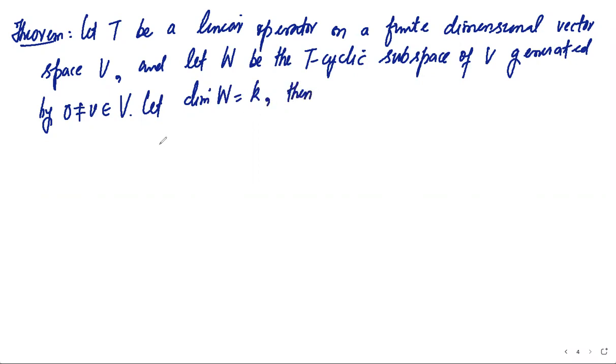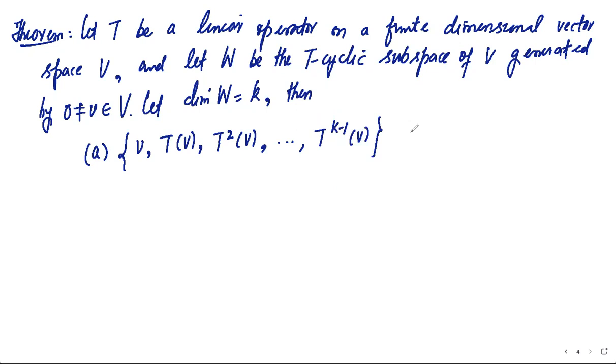Then, let's call this part A, the set v, T of v, T squared of v, and so on up to T to the k minus 1 of v is a basis for W.